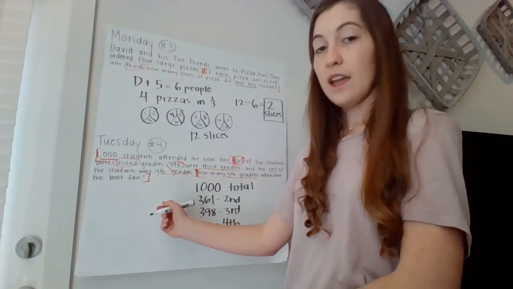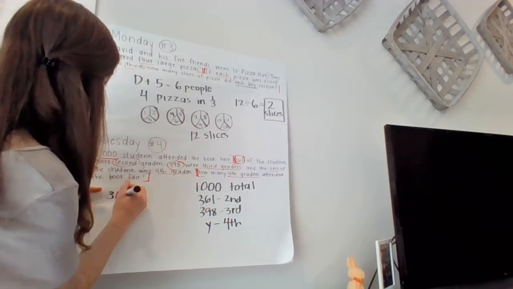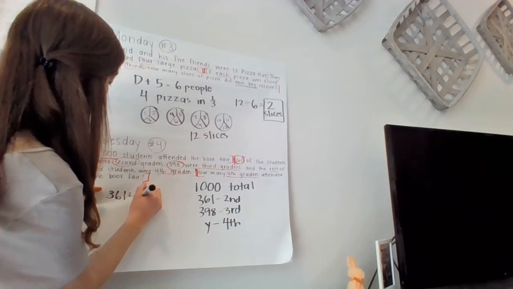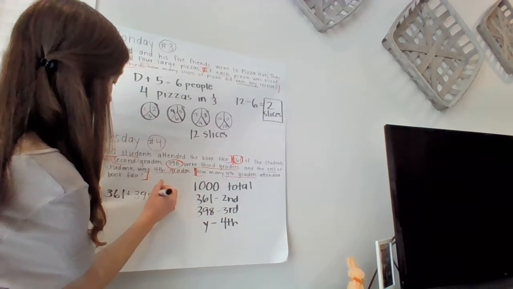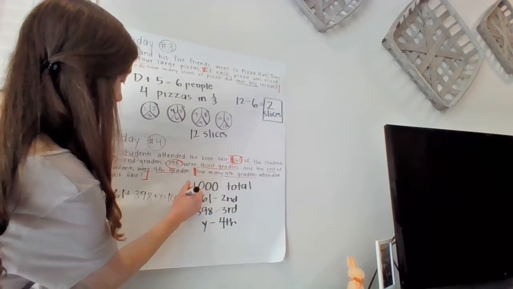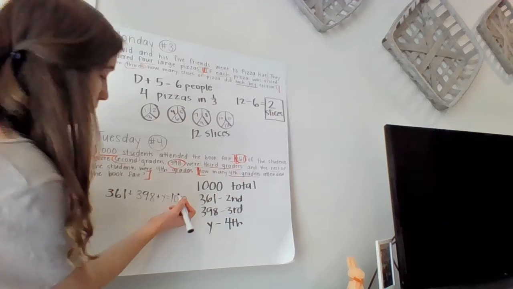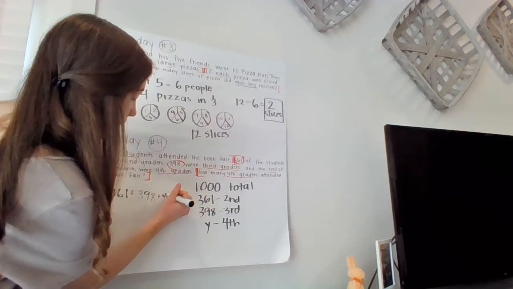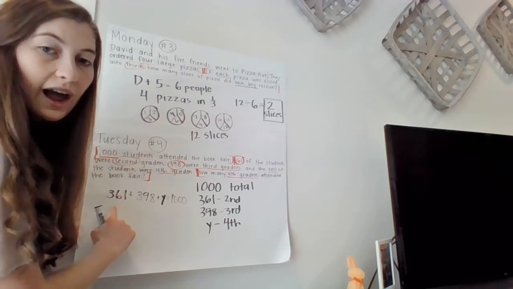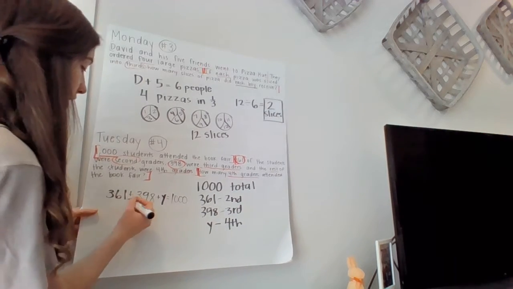So if I write an equation, I'm going to have 361 plus 398 plus Y equals 1,000. So now I have to solve for this Y right here. So first, I have to add my 2 numbers together, 361 plus 398.